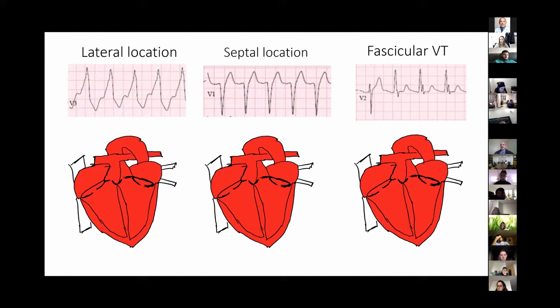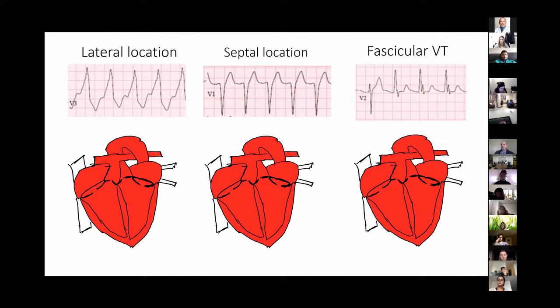So now a concept that I want to illustrate here is that, if you're dealing with a ventricular tachycardia or ventricular rhythm, there will be a variability of QRS complexes, really depending on where the signal is coming from.